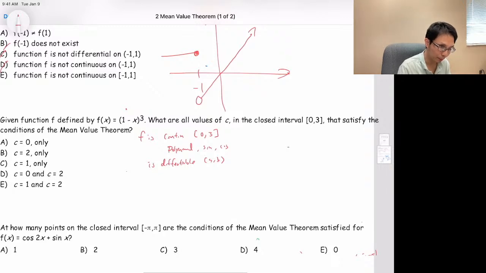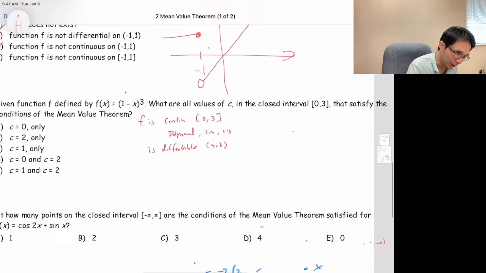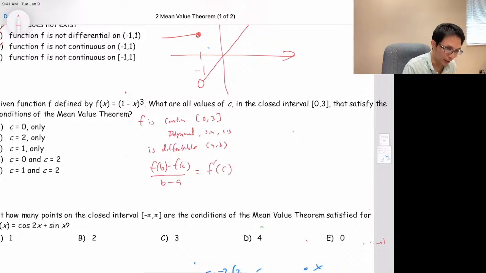Because it does affect those questions. So the result is f of b minus f of a over b minus a equals f prime of c. Now this is called the secant line slope, so I'm going to evaluate on the side. f of 3 is equal to 1 minus 3 to the third, so it'd be negative 2 to the third, which is negative 8.